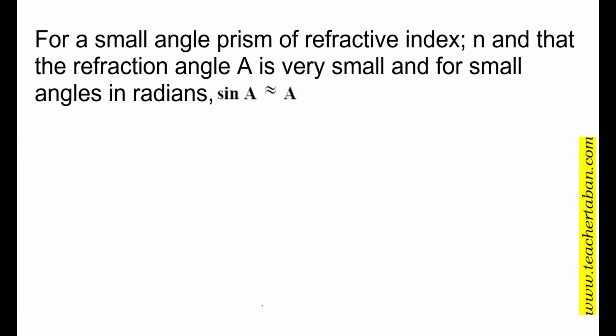So for small angle prisms, in other words, if the angle A is very small and it is made of a material with index N, then for small angles in radians, remember sometime back we said that sine I is equal to I. So likewise, for small angle prisms, always the sine of an angle is approximately equal to that angle in radians.